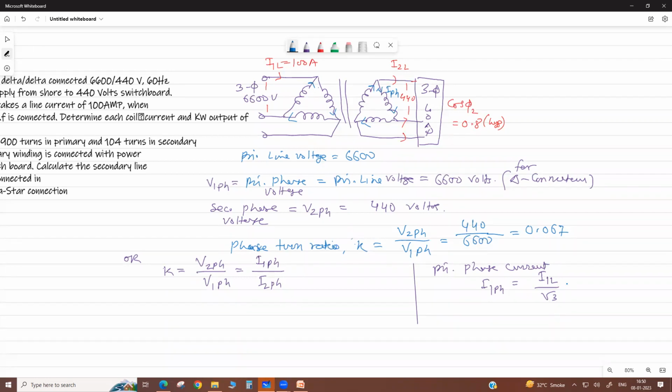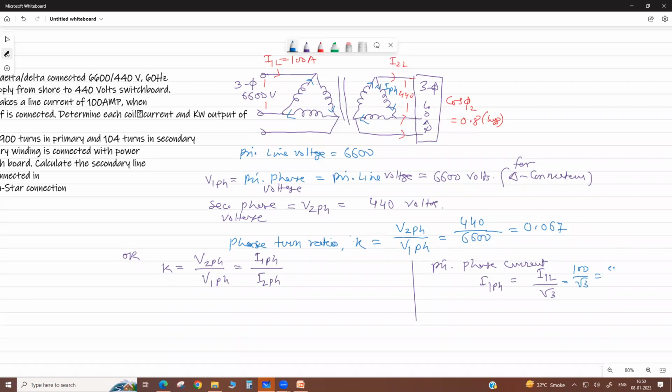So we calculate this: it becomes 100 by √3, meaning 57.735 ampere, or 74 we can write.